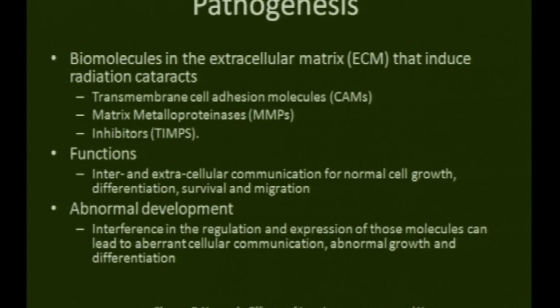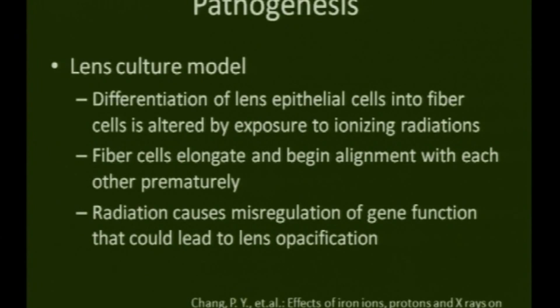So here, this is kind of stiff, but we have extracellular matrix that is involved, and we have the matrix metalloproteinases and the inhibitors of the matrix metalloproteinases. So it's all the interaction between these, whether we have more of the matrix metalloproteinases or the inhibitors of it, and that interferes with the regulation and expression of the molecules that could lead to aberrant communications and essentially development of an opacification.